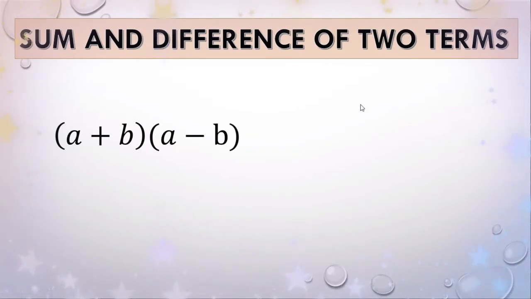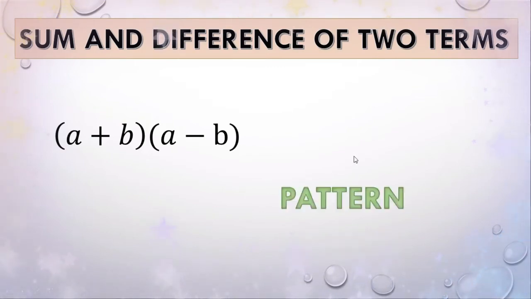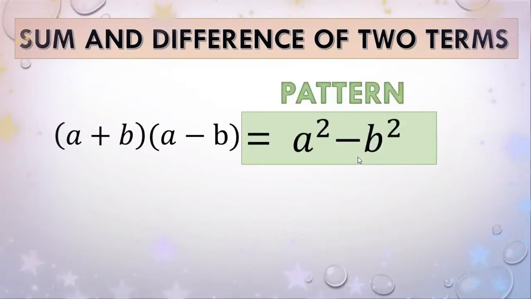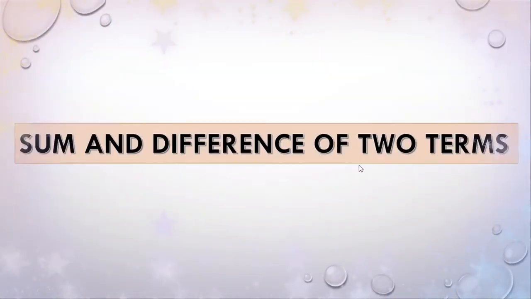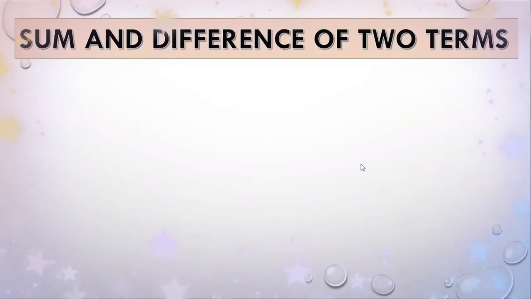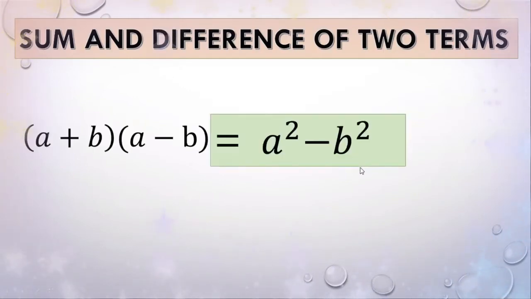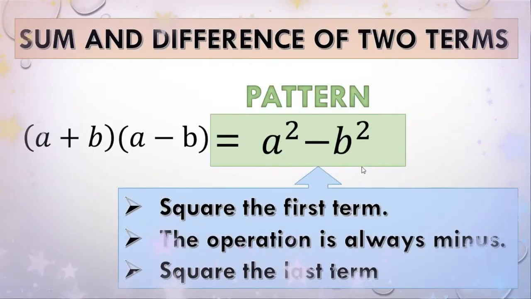If this is the case, then you can use the pattern, which is a squared minus b squared, where a stands for the first term and b stands for the second term. In words, you can get the product of sum and difference of two terms if you're going to square the first term. The operation in between is always minus, and square the last term.